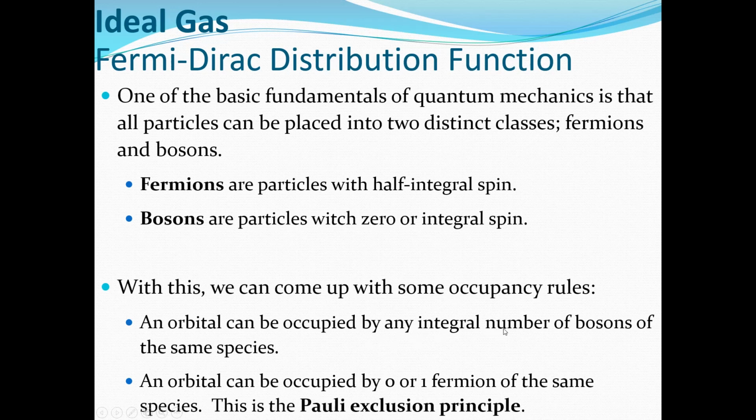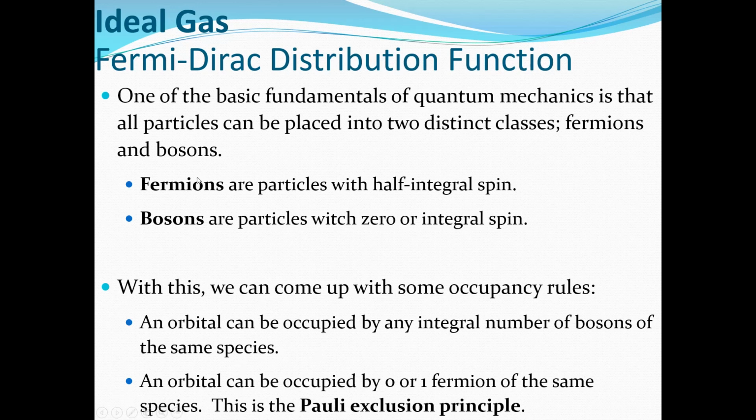So when we have a gas made of boson particles, then any orbital can be occupied with however many particles we want. We could have all the particles at the ground level, all the particles in the first level, or split half and half. Doesn't matter. We're not being limited when we're talking about bosons.